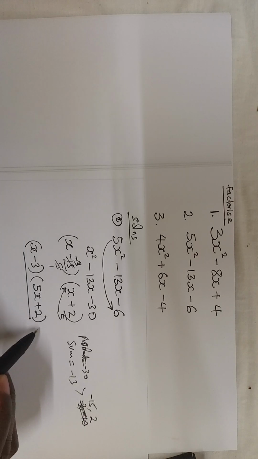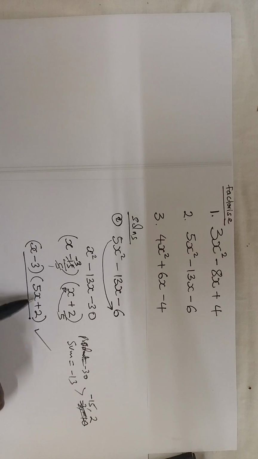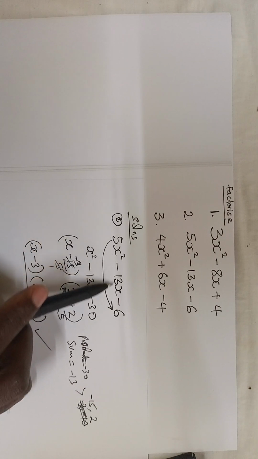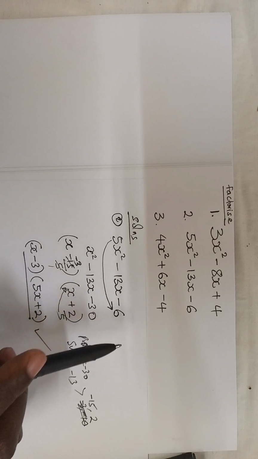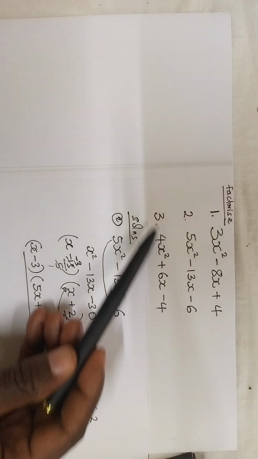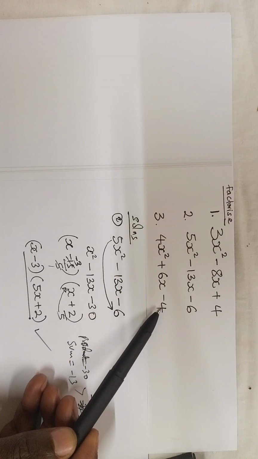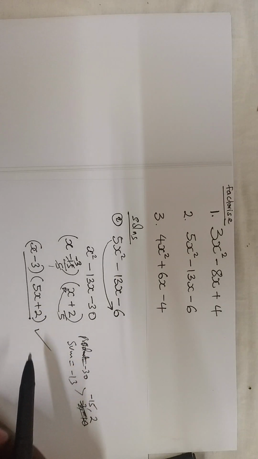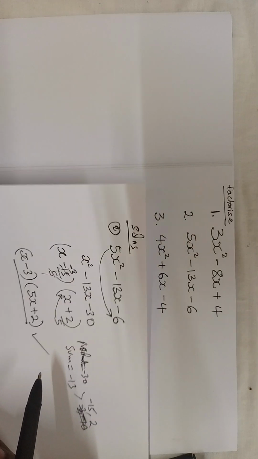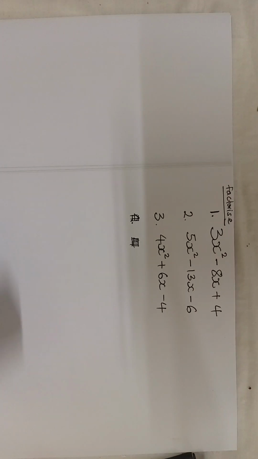These are the factors which, once you expand, you shall get the expression 5x squared minus 13x minus 6. Once again, we can also give a trial to the third number so that you can see the method working in a very simplified manner.